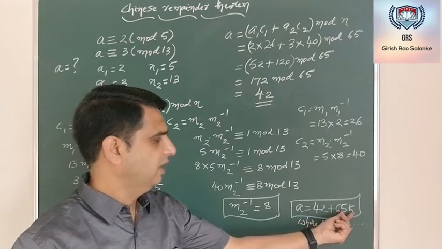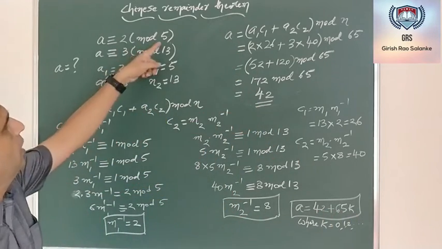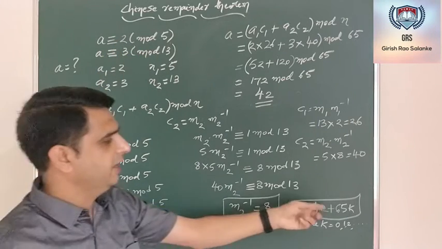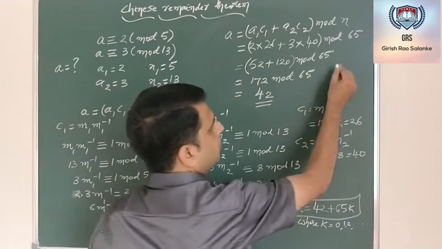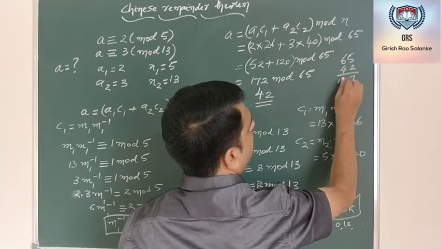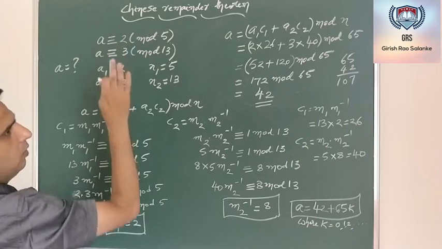42 plus 65 into 0 is 42. So we saw that 42 mod 5 is 2, and 42 mod 13 is also 3. You can take the next value, 42 plus 65 into 1, that is 65 plus 42, which is 107. So 107 mod 5 is 2, right?